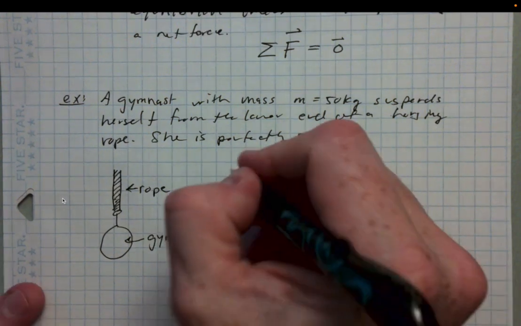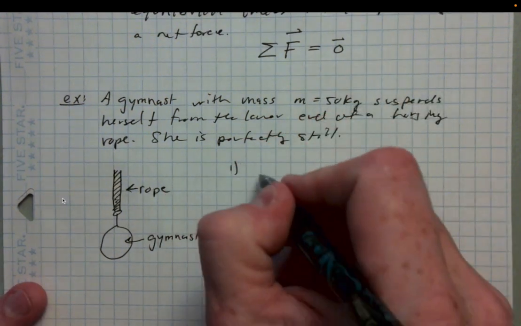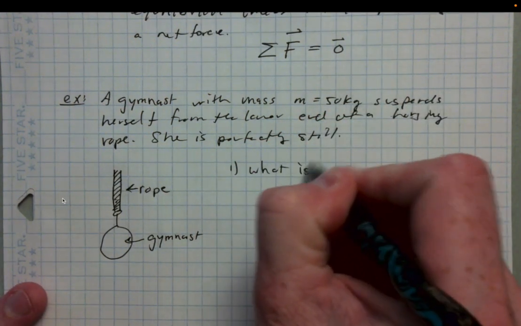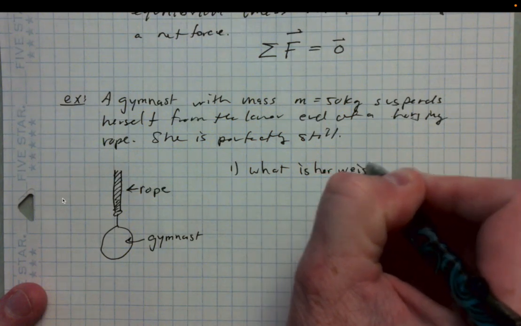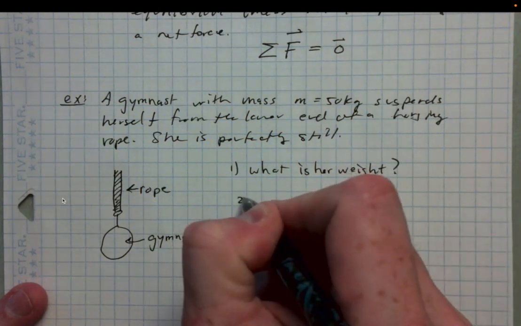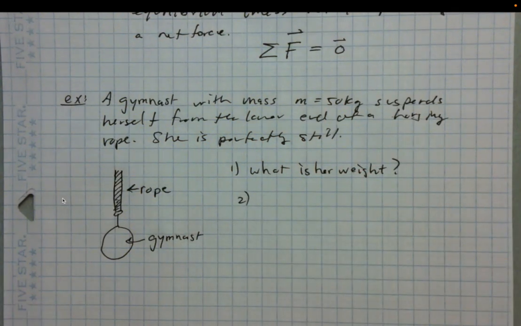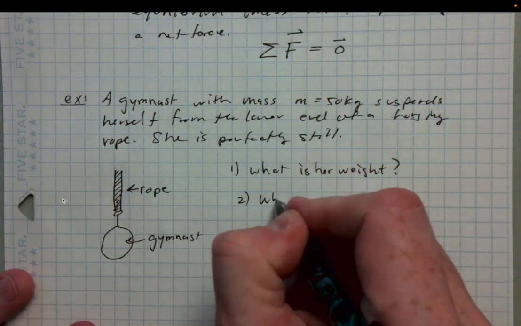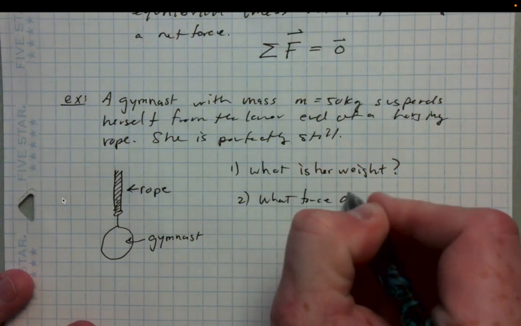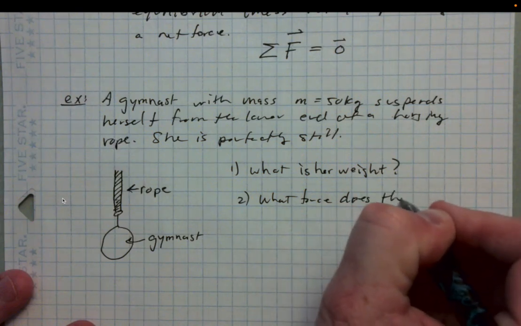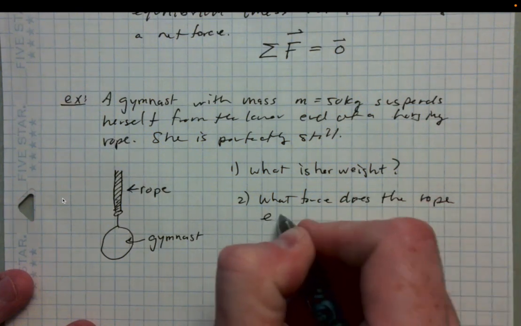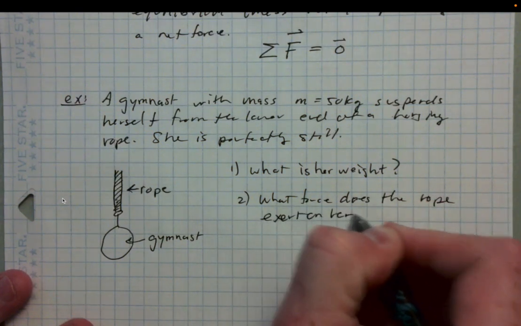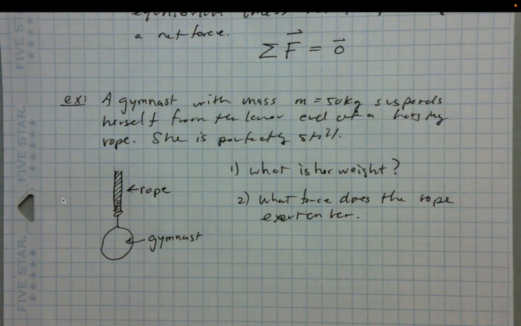There's a couple questions. So, what is her weight? And what's her weight? Right, remember that's the force that gravity exerts. What force does the rope exert on her? Okay, what force does the rope exert on her?